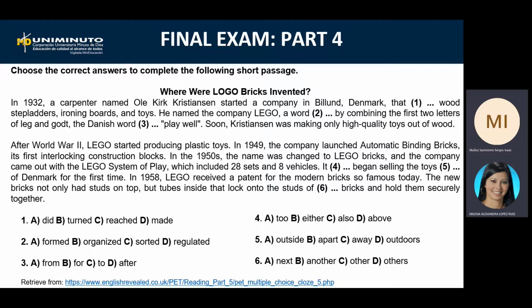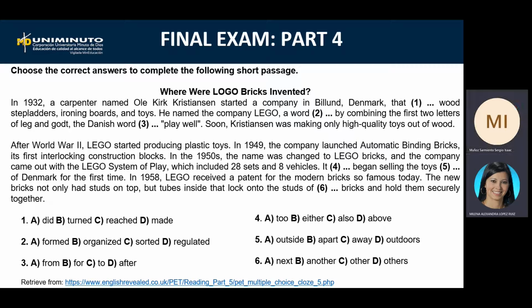Okay. Done. So what is the reading about, Sergio? It was about the Lego company. What do they say about Lego, the main idea according to this short passage?